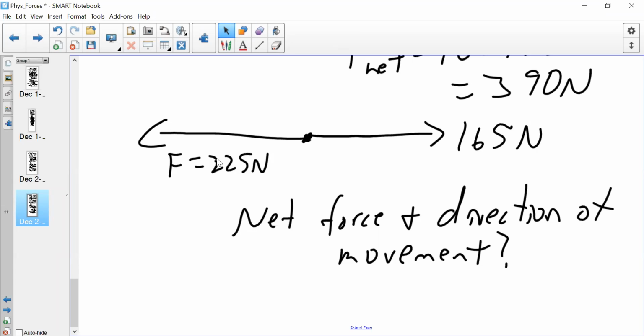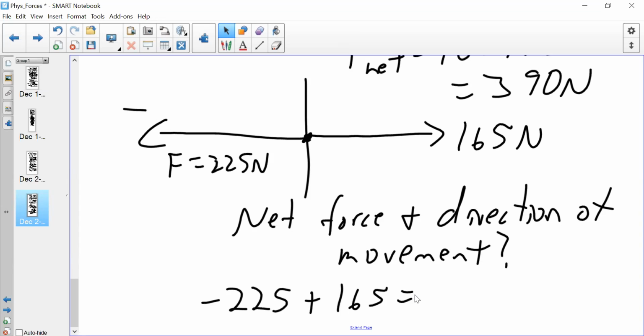Okay. So of course this is the negative direction because of the XY plane, negative. So looks about right. So negative 225 plus 165. That's 60. I'll take your word for it. All right. So negative 60 newtons.